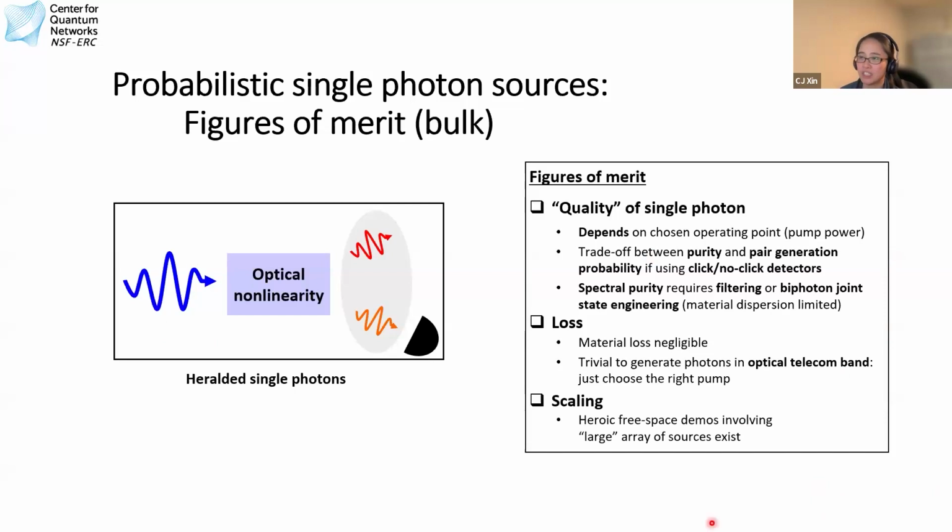However, the scaling of the footprint, you really can't avoid. It gets pretty unmanageable pretty quick. So that's for bulk. For bulk, you already start seeing glimmers of why they might be preferable to deterministic single photon sources. It's mainly the loss issue and the scaling issue.